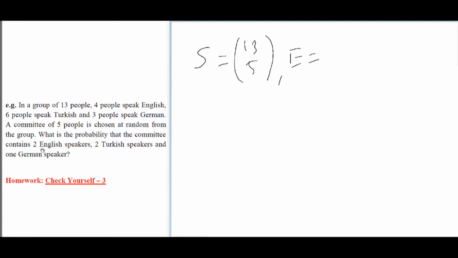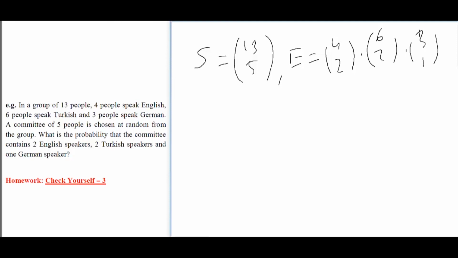The event is 2 English speakers from 4, so combination of 2 from 4, times 2 Turkish, combination of 2 from 6, times 1 German speaker, 1 from how many German speakers were there? 3. 1 from 3.